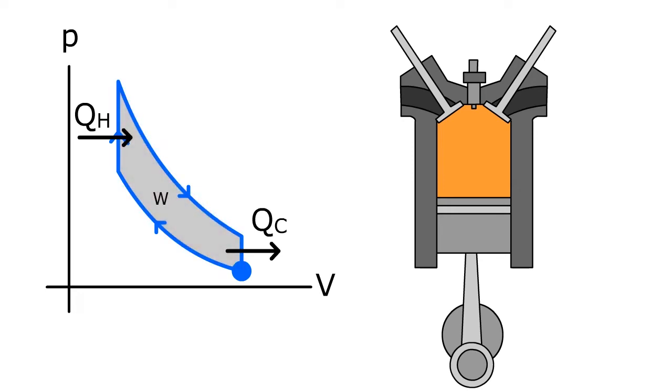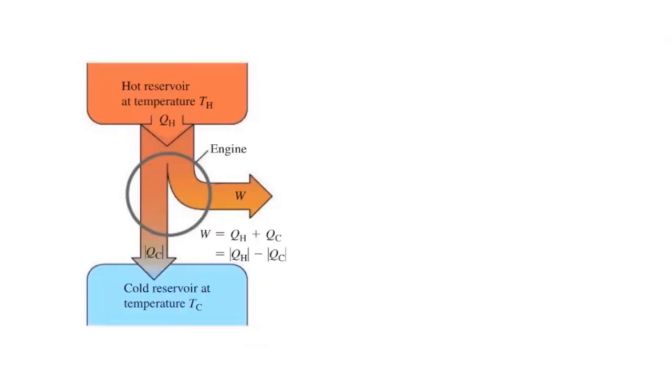So we've seen what happened here is we've introduced heat through the combustion nung ating working substance. Tapos nag-expel din tayo ng heat through pag-expel ng exhaust gases nung na-burn na fuel. So meron tayong QC. Tapos the total work done by our heat engine in one cycle is the area inside. So this diagram here is what we call an energy flow diagram. This diagram shows yung pag-flow ng energy through our heat engine.